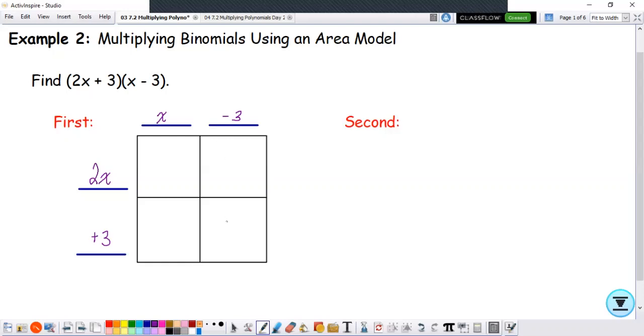Now I have the 4 quadrants, and I have 4 different measurements that I'm going to use to find the area of each region. So to find the area of the top left quadrant, I'm going to take the 2x times the x, my base and my height. So 2x times x is 2x squared.